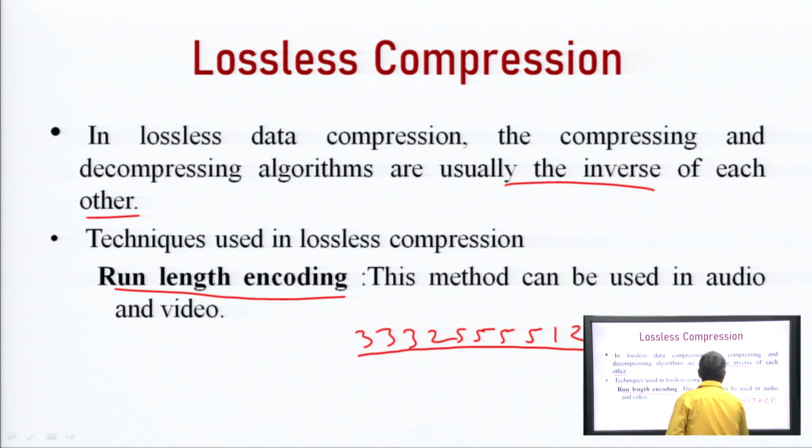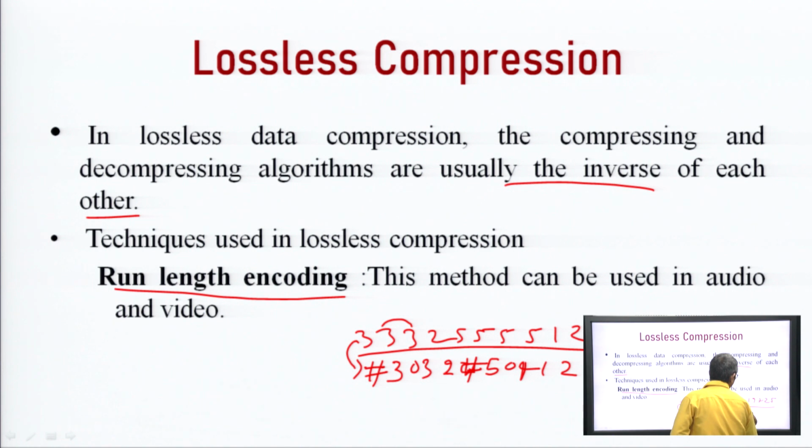If the same bit is occurring repeatedly, we can convert it using a special symbol, then the symbol which is repeating, and then its frequency. Here 3 is repeated 3 times, so we write it as 3; then 2; then 5 is repeating 4 times, so we use the special symbol followed by 5 and its count; then 1 2 3 0 1 9 7 2 5.